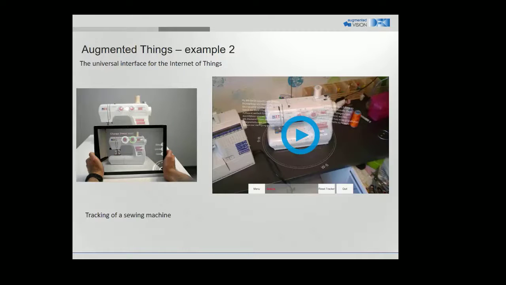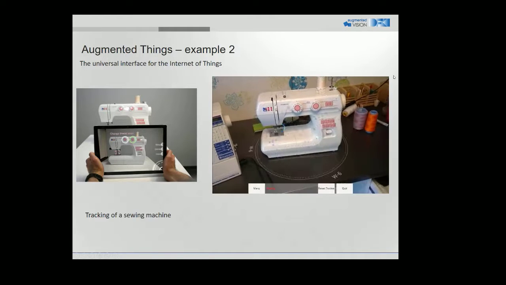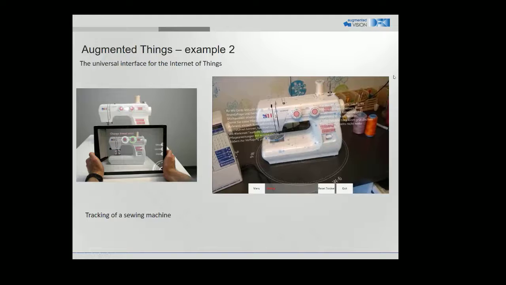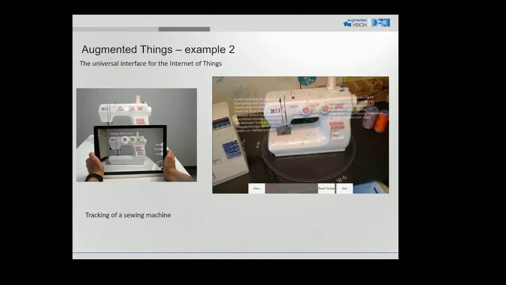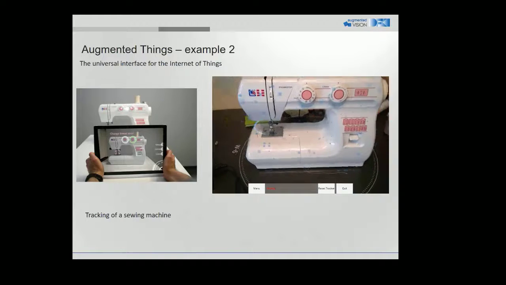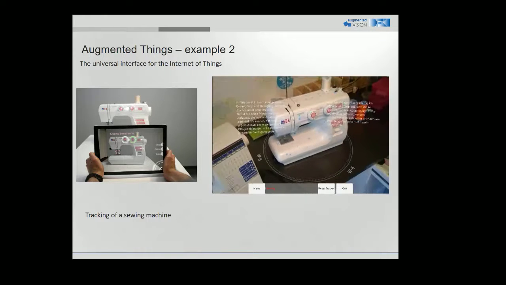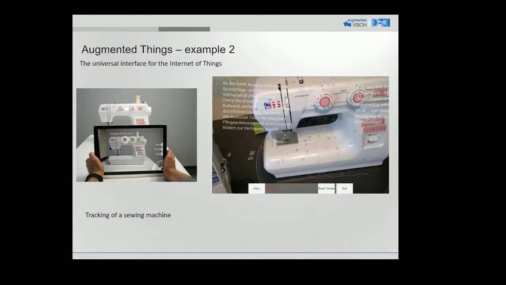For example, we saw the application in an industrial machine, and now this is a sewing machine, which is a home equipment. So the usability extends from industry to home.